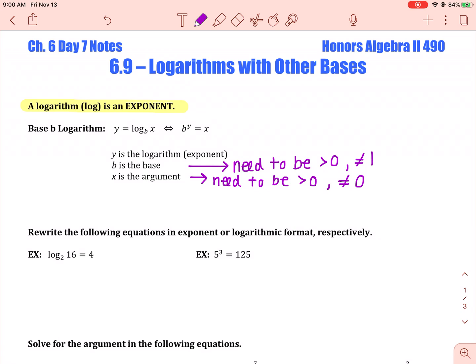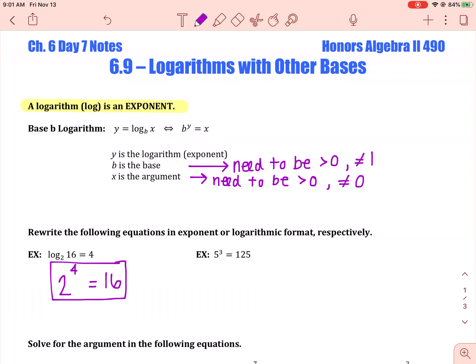When I put it into exponent format, 2 is my base. 16 is the argument, that x. In the exponent form, it's what your equation equals. Y is 4. Y is that logarithm that turns into the exponent. So you just rewrote that log format into exponent format.